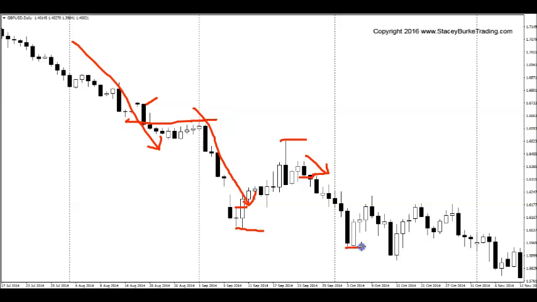Again, I'm just marking off peaks and troughs in the medium term, using breakout candles to define those turning points, or a series of candles that may have gone into a range or accumulation or distribution phase, and then marking off those lower highs, lower lows, or higher low, lower high.